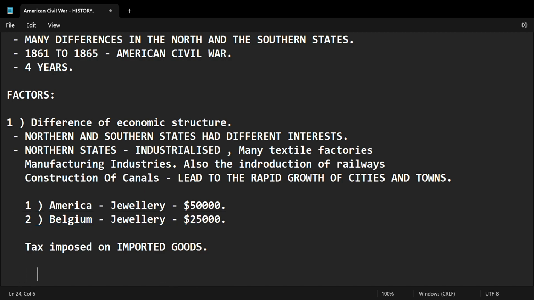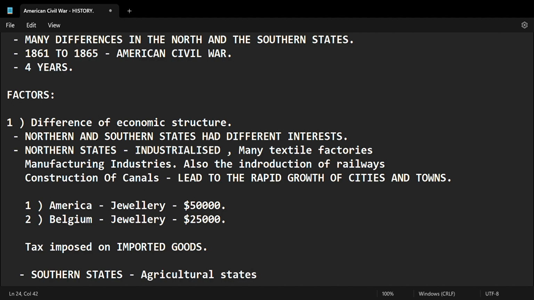So that is why. Okay, on the other hand, what happened to the southern states? The southern states were primarily agricultural states.